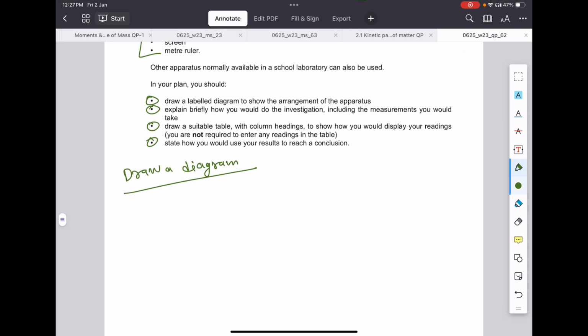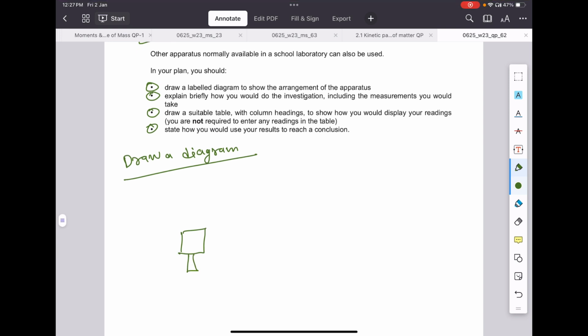For the diagram, I can take an object which will emit light, some kind of heater or something, so it is an illuminated object, and this is some kind of barrier. There will be some kind of barrier.